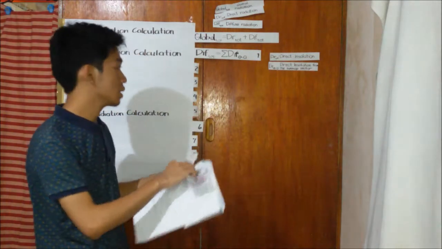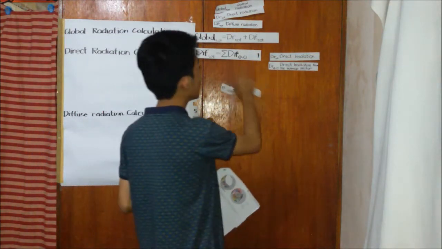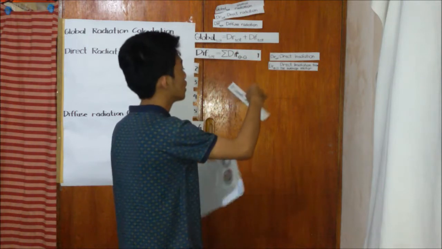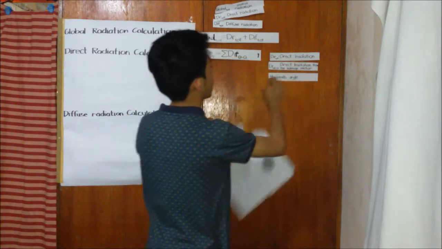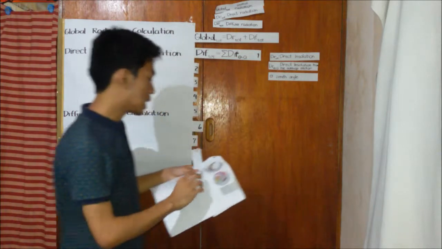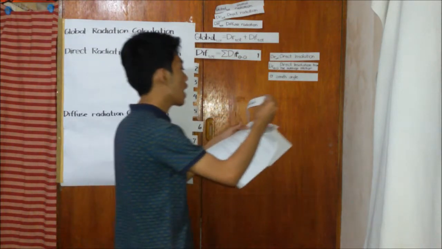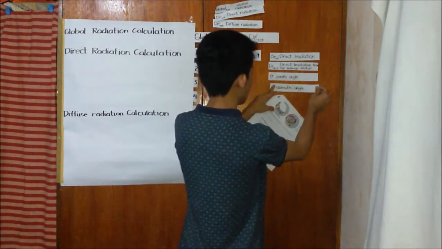Theta is the zenith angle, and phi is the azimuth angle.